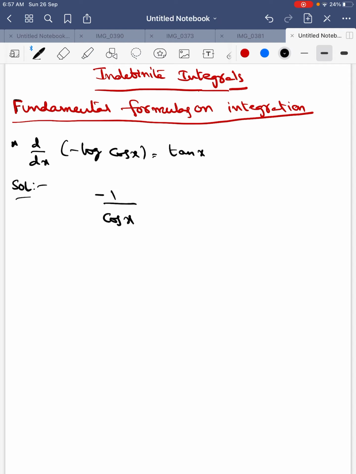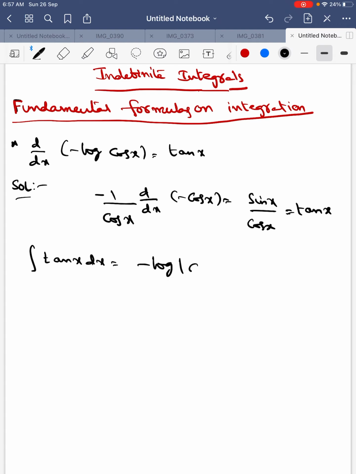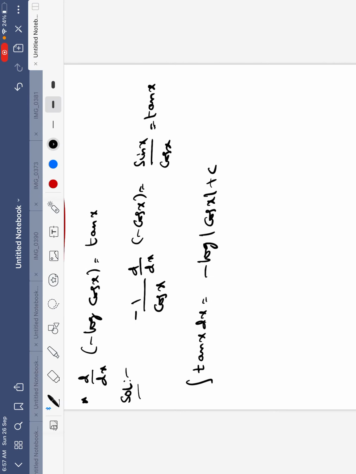Because it is in the form of log x, and the derivative of log x is equal to 1 by x into d by dx of minus cos x. That is equal to sin x by cos x, which is tan x. Therefore, the integral of tan x dx is equal to minus log mod cos x plus c.